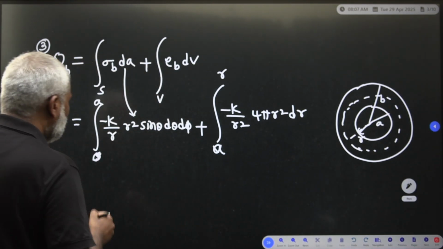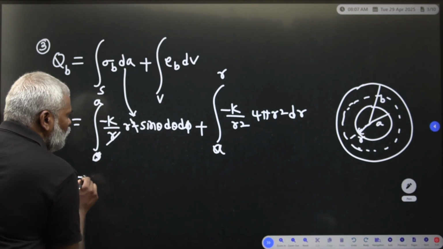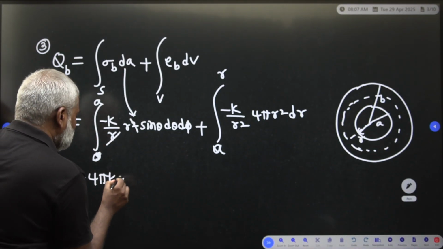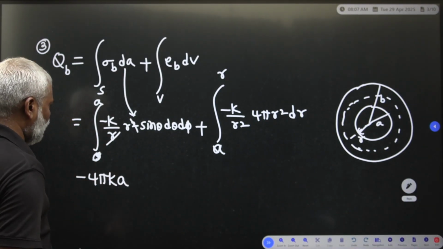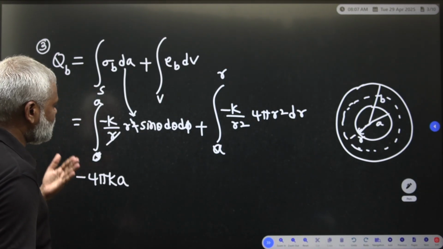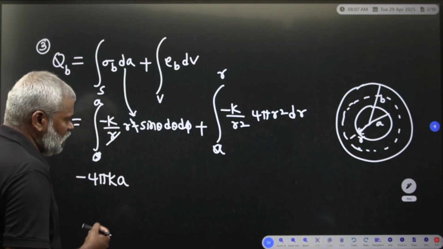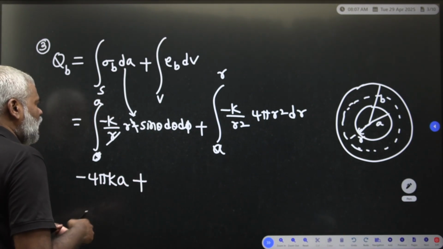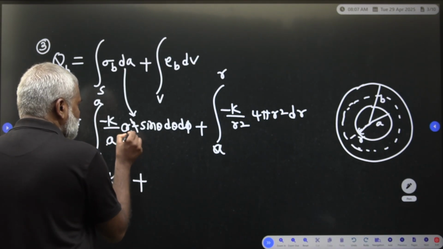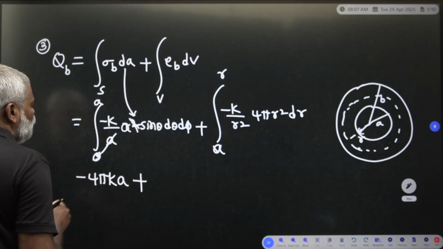Now you can see one r gets cancelled. Therefore minus 4 pi k a is what you get. Minus 4 pi k, and we need to consider 4 pi k a because the limit is 0 to a. So 0 to a means k by a, with a square, so one a gets cancelled, therefore minus 4 pi k a.